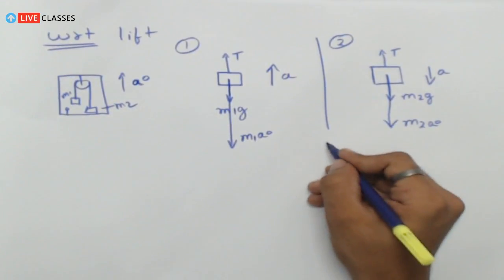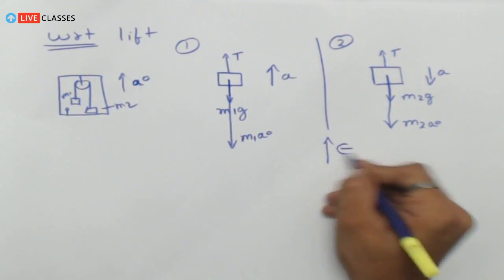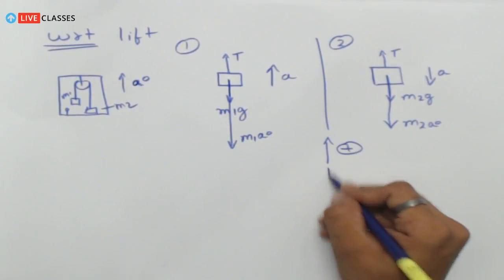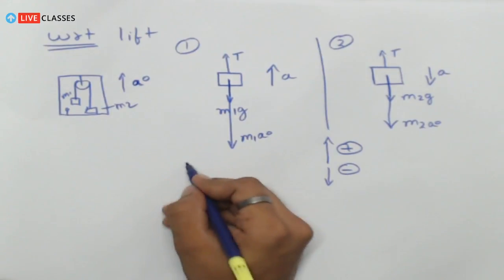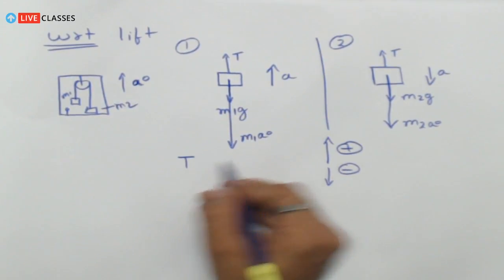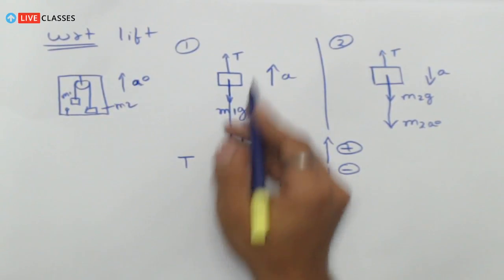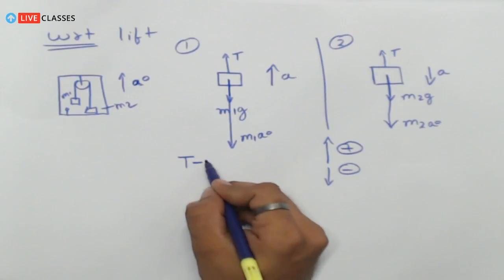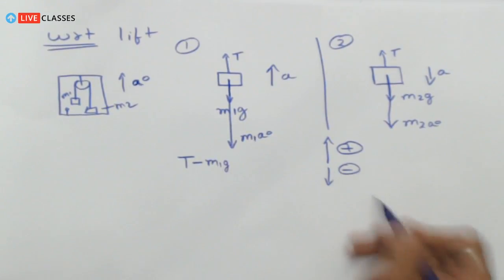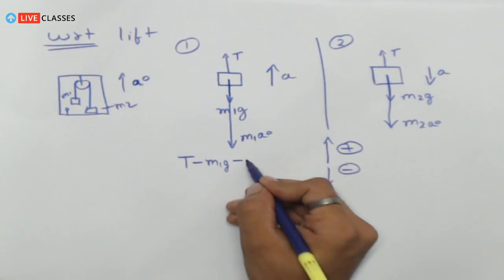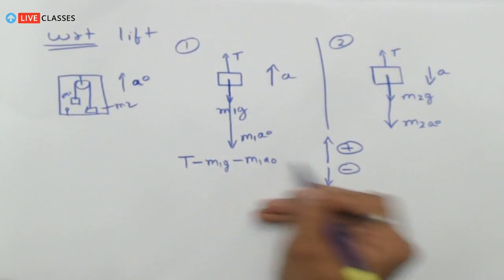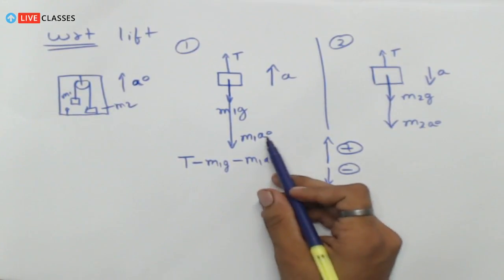The most important thing, guys, here it comes, our sign convention. Negative. Now we are going to write the force equation. T minus, as T is acting upwards, T is positive, minus M1G, it's acting downwards, that's why it's negative. M1 A0 is also negative because it's acting downwards only.